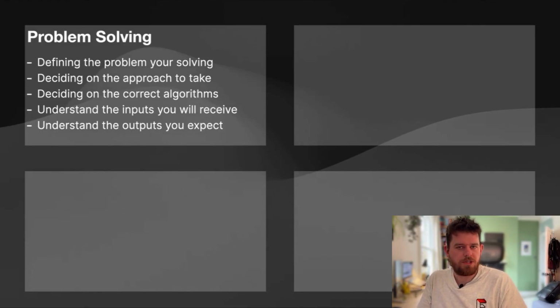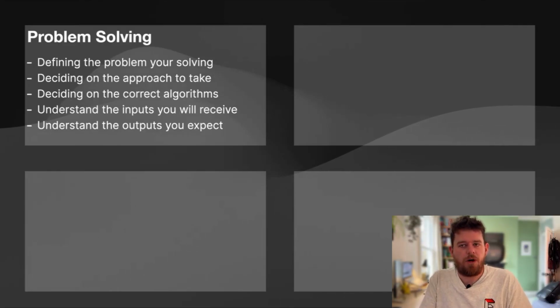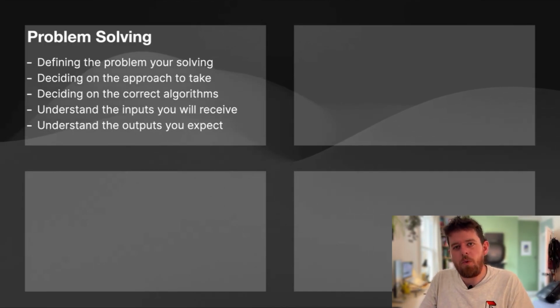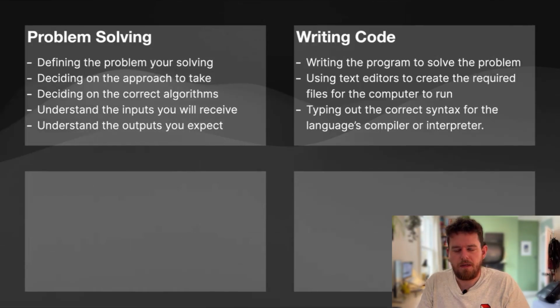We also want to understand what outputs we're going to give to our user. Are we going to log them into something? Or are we going to give them a calculation based on some mortgage data or some financial data? We need to know what we're trying to give them before we try and solve the problem.